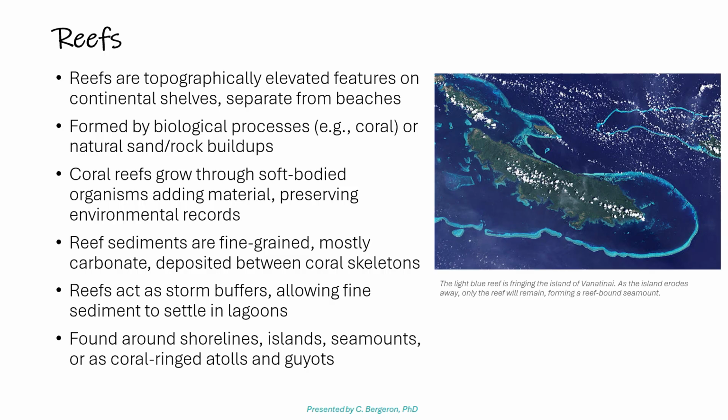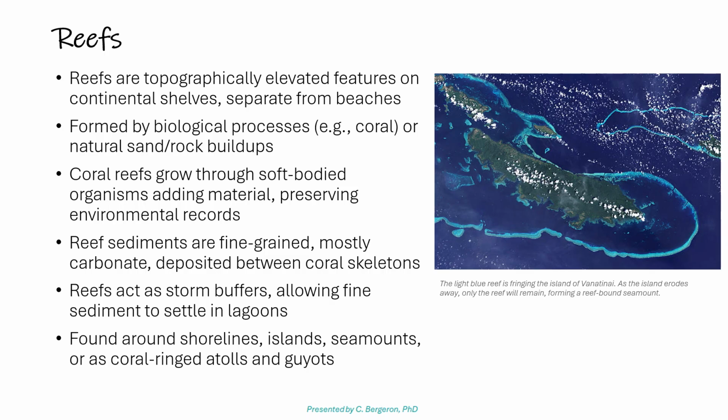And what defines a coral reef, or a reef, would be an elevated surface that is located within or on top of the continental shelf, and it is located oceanward, meaning not toward the land but toward the ocean, but it is also separate from the beach.